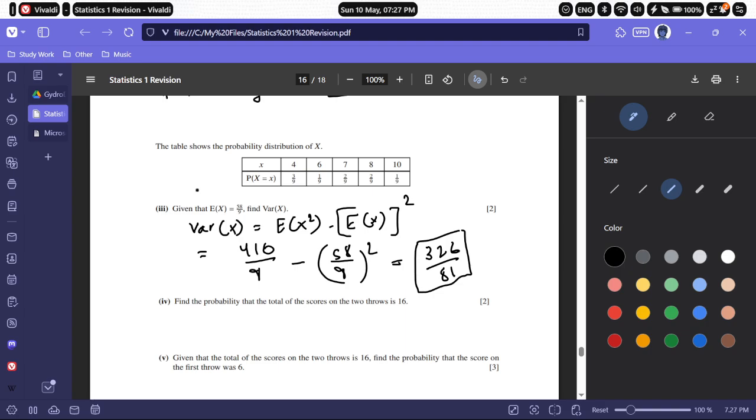Anyway, you have two throws, and the scores add up. So think about how you can get 16 based on these.